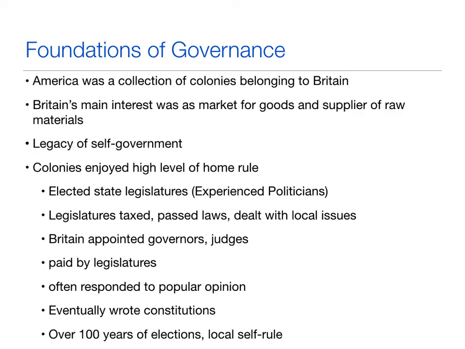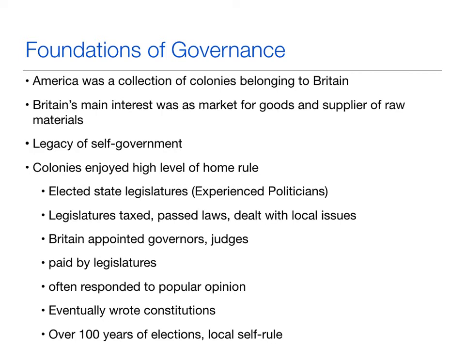Back in the early days of colonial America, the colonies were a collection of colonies that belonged to Britain and were subject to the British monarchy. Britain's main interest in these colonies was really as a market for goods and an area that supplied raw materials to England, so it could then produce other things that it used to trade with other countries and other colonies.